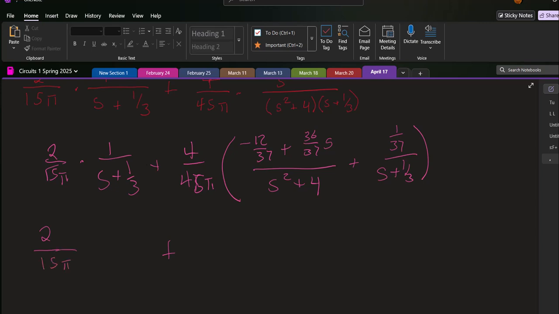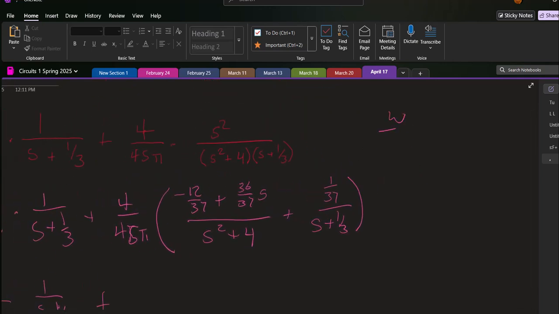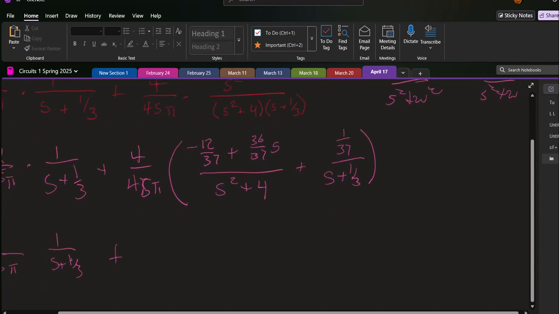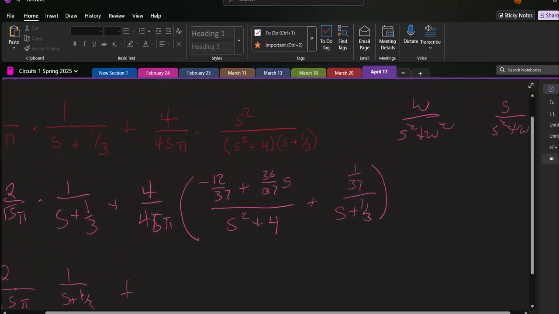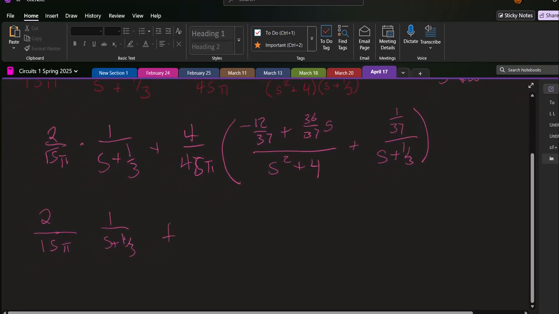So I see omega over s squared plus omega squared, and you have s over s squared plus omega squared. For us, omega would be 2.